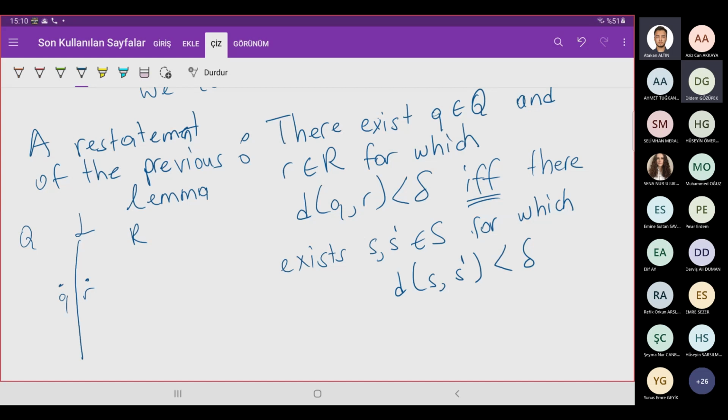According to these x coordinates. So if there are such points, then they are in this region, okay?